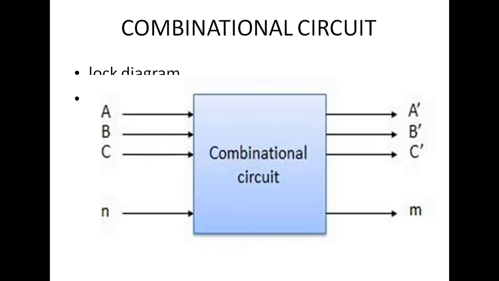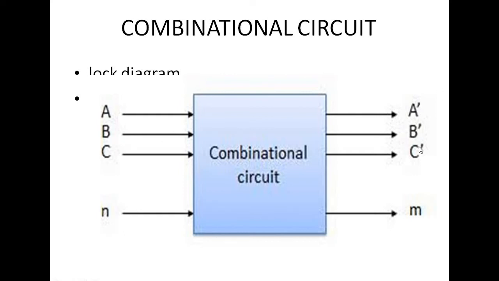Okay, next. This is the block diagram of a combinational circuit. From it you can easily understand that different inputs are present, and from these inputs different outputs are produced, and these outputs depend only on the inputs.